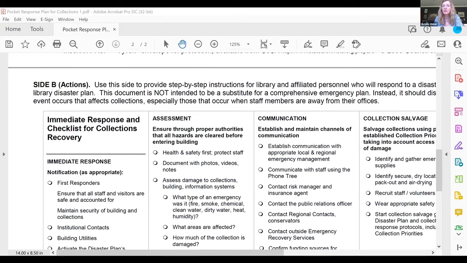There's this Collections Trust, it's a UK organization. They've got a whole pocket salvage guide, and it covers health and safety, water damage, fire damage, stabilizing by freezing, air drying, different collection types. It's all there.